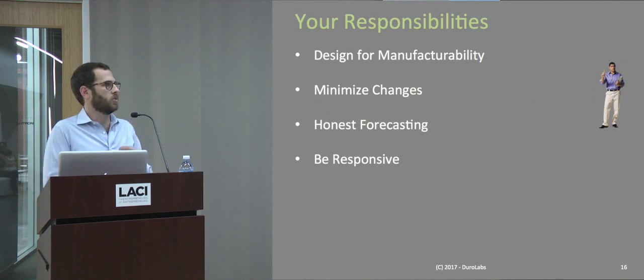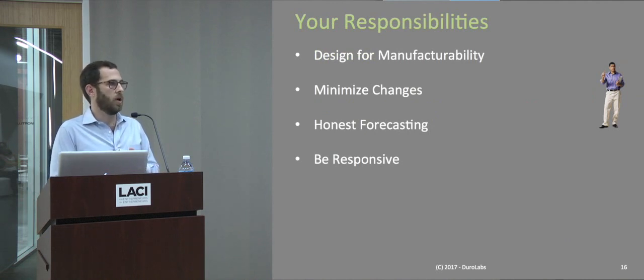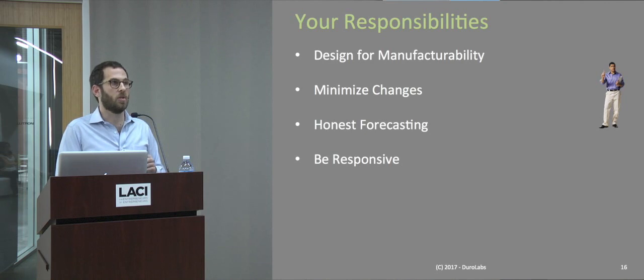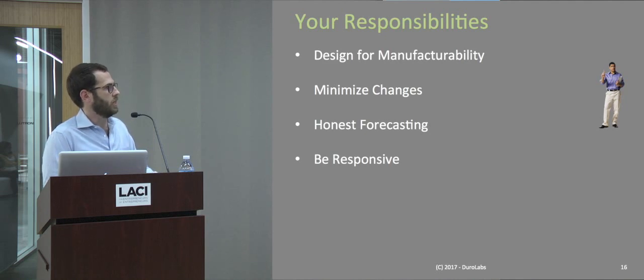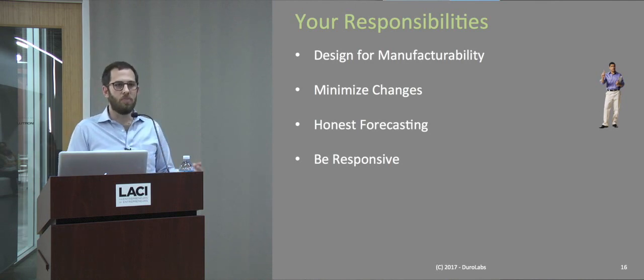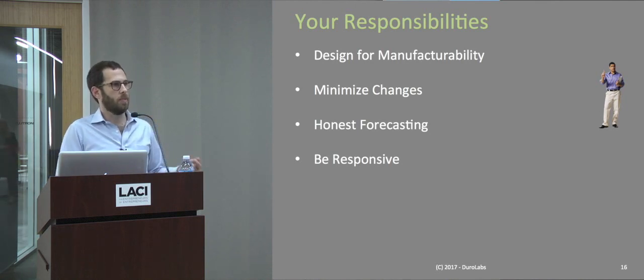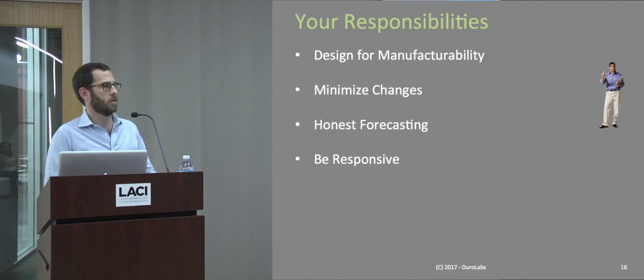So what are your responsibilities that will help contract manufacturers feel at ease working with you? One of the first things, which I talked about a little bit earlier, is design for manufacturability. This is one of the biggest gaps between the prototype and the production unit that I talked about.